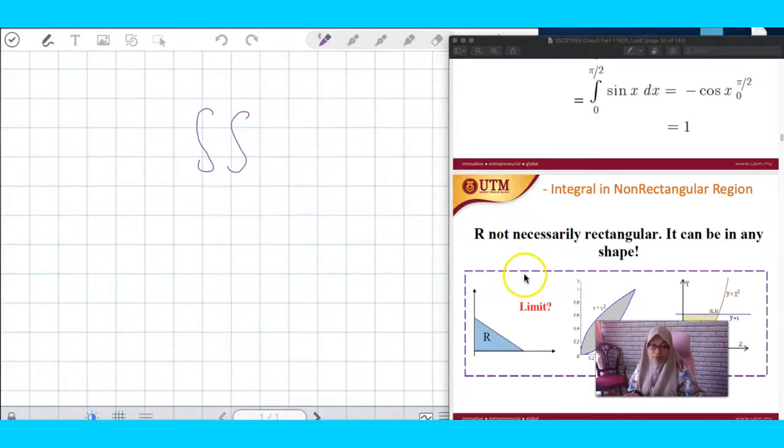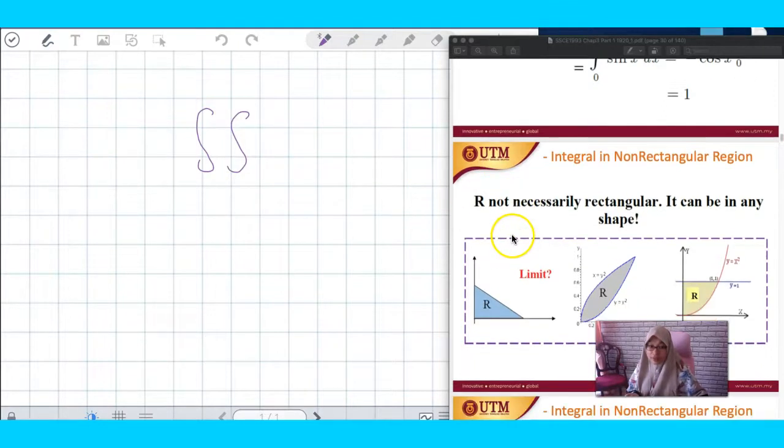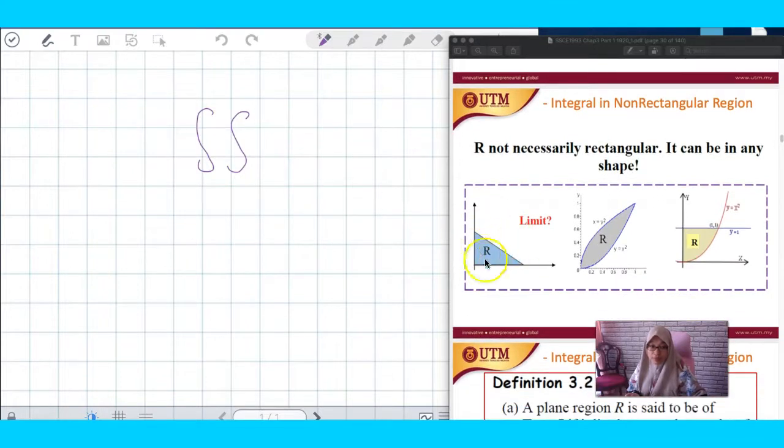Okay, so what are examples of a non-rectangular region? For example, you have a triangle where the region is bounded by the y-axis and x-axis, and also this line. This line is not y equal to 1 or x equal to 1, but it is something like y equal to minus x, maybe, or y equal to 1 minus x.